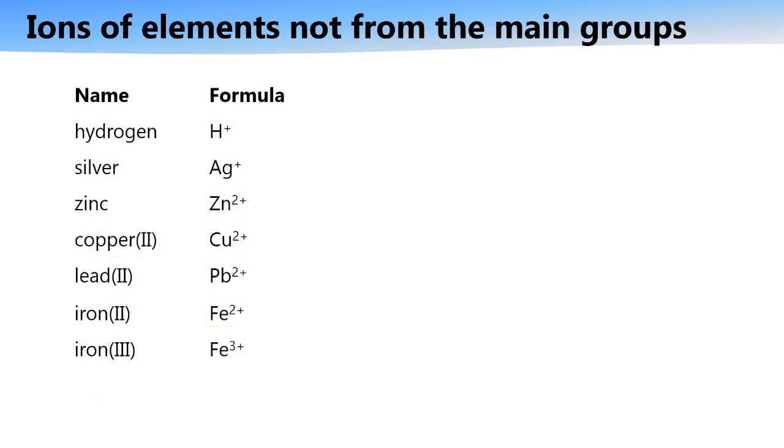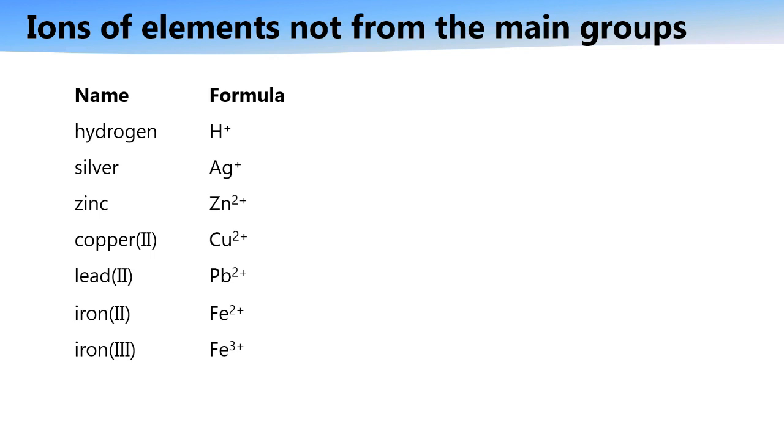For some of them, we just need to memorize. Example, hydrogen is H+, silver is Ag+, and zinc is 2+. But for some of them, we will write them with a bracketed number, and that represents the charge of its ion. Example, copper 2 ion would be Cu2+.